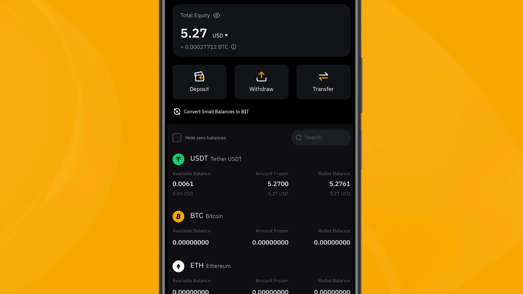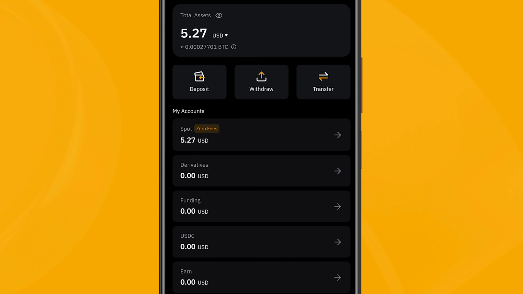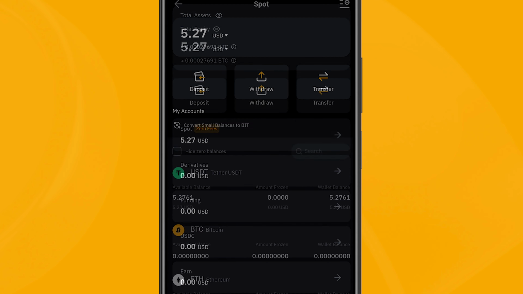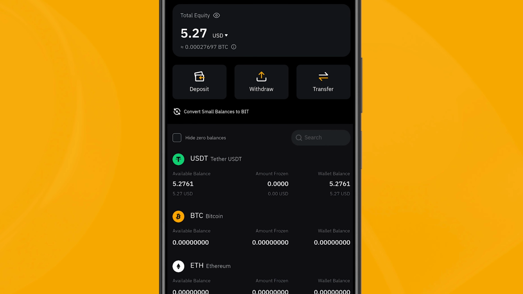It keeps saying that my wallet balance is $5, just that it's frozen, showing that my one trade is actually on. So I'm not actually losing my money, or don't get confused that your money is frozen. No, your money is just frozen because your one trade is on. So until I cancel this trade, I'll have my available balance as still $5.